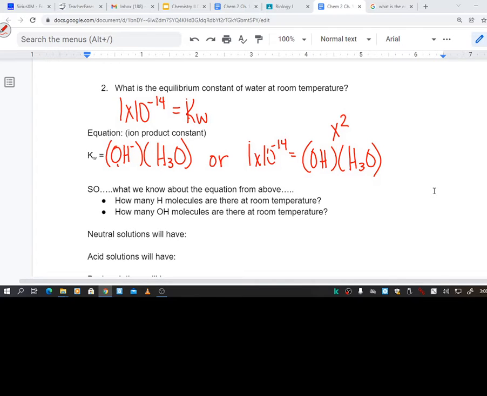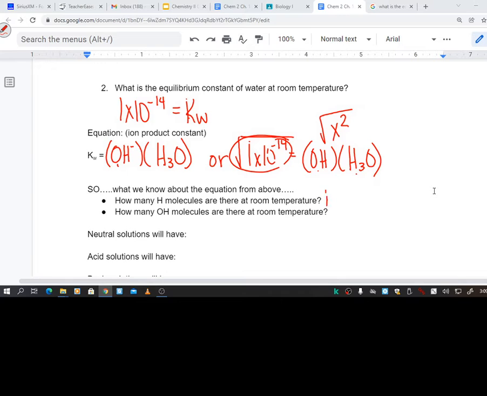So to figure out x, I'm taking it back through some algebra here. Bear with me. I'm going to take the square root of this, right? When I take the square root of 1 times 10 to the negative 14, it tells me what each one of these should be when it is at room temperature. This number can change if I raise my temperature or decrease my temperature.